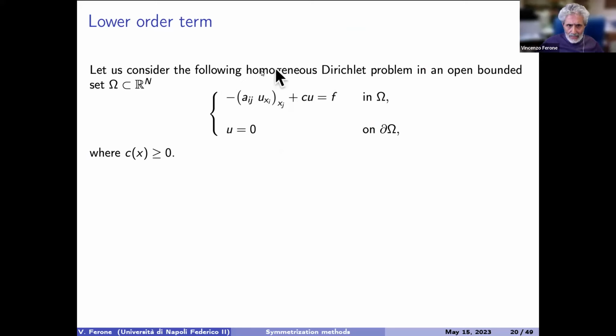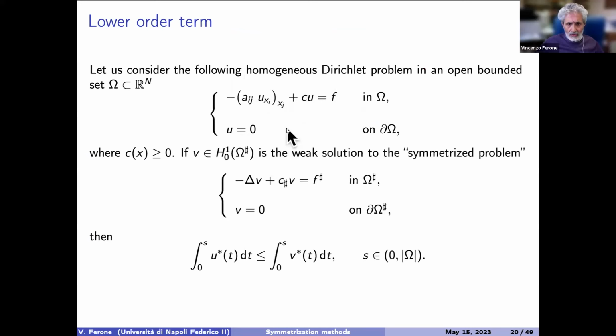If I try to apply all the scheme I have shown before, one ends up with a symmetrized problem, which is written in this way, where the coefficient of v is c sharp, and the inequality is stated in terms of concentration. So one cannot prove that u star is less or equal than v star, but the integral of u star is less or equal than the integral of v star.